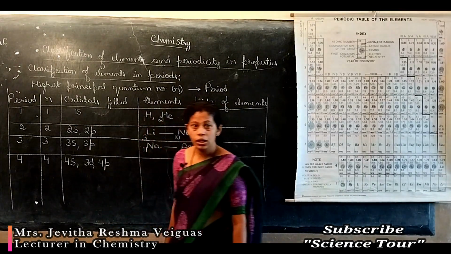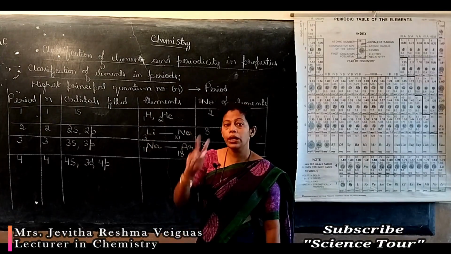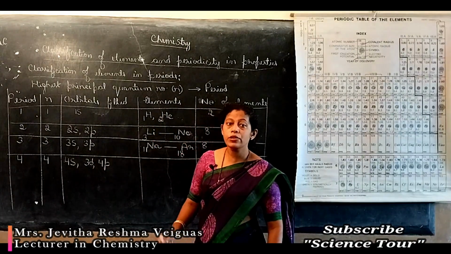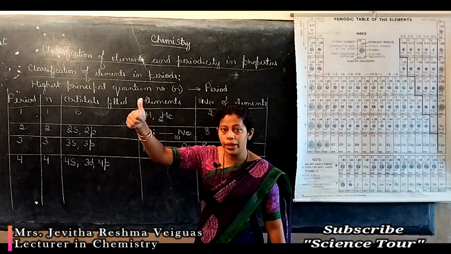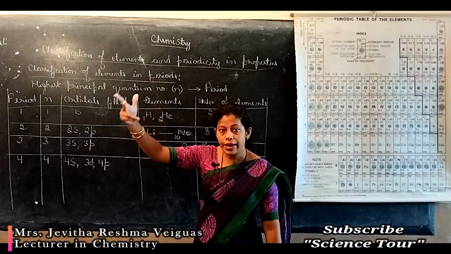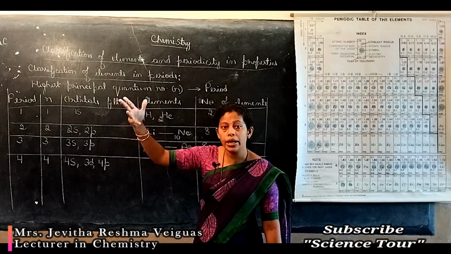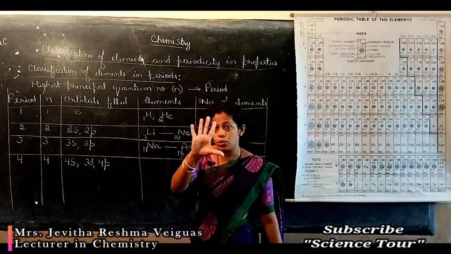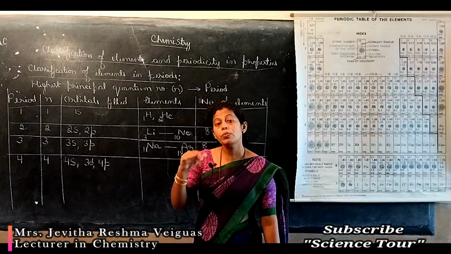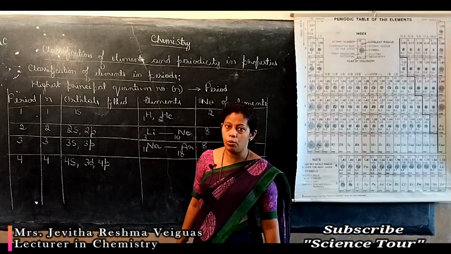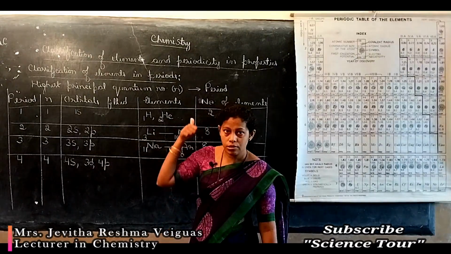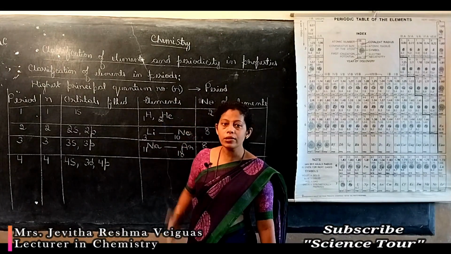4s orbital, maximum 2 electrons possible. 3d, d means 5 orbitals are there. They are dxy, dyz, dxz, dx square minus y square and dz square. So 3d orbital contains totally 5 orbitals, in which maximum 10 electrons can be accommodated. 4p means 4px, 4py, 4pz.